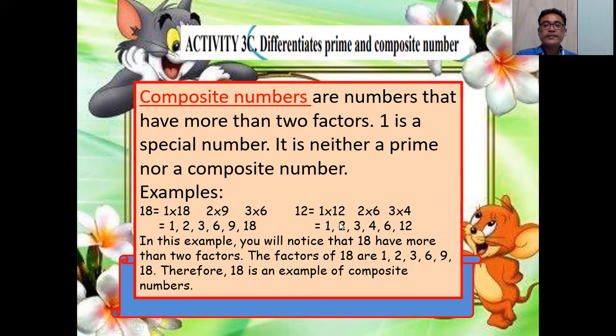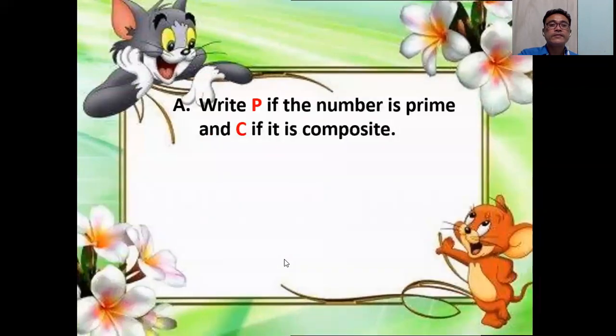It has 6 factors. The factors of 12 are 1, 2, 3, 4, 6, and 12. So 12 is an example of a composite number.